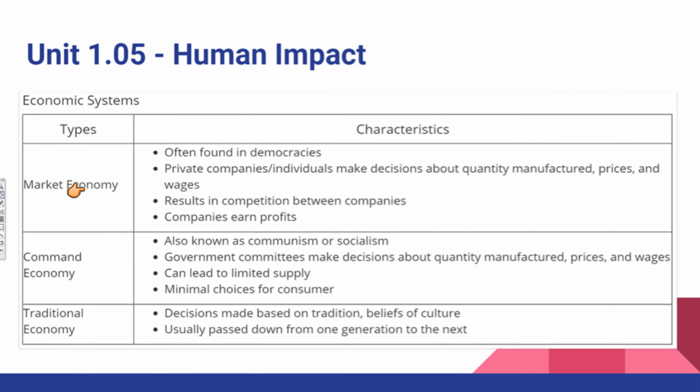Okay, as we're looking at different countries as well, we have different economies. So there's a market economy, which we have here in the United States. So we look at the stock market, companies earn profits, people get wages, which pay for different things. You also have something called a command economy, which is more in communist or socialist countries.